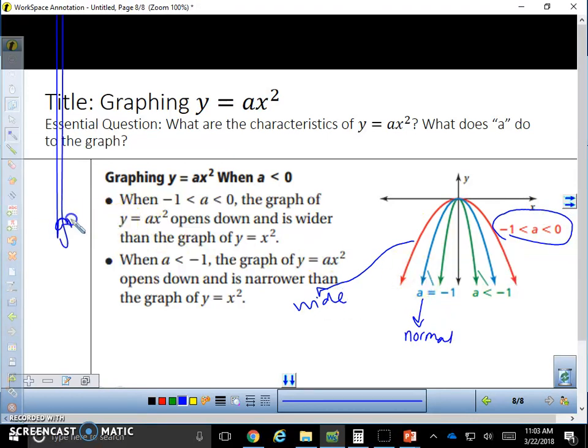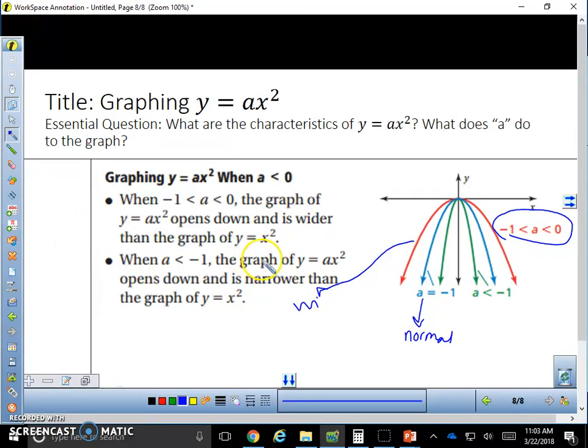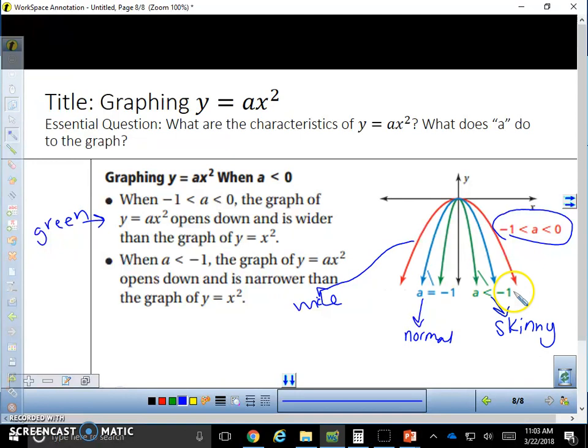And the green one still makes it skinny. All that negative sign does is flip it upside down.